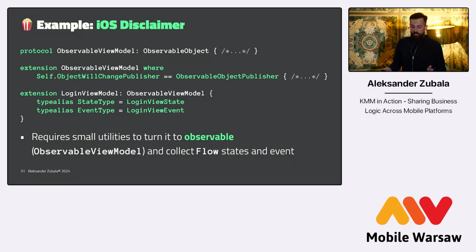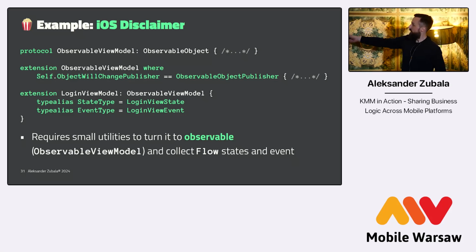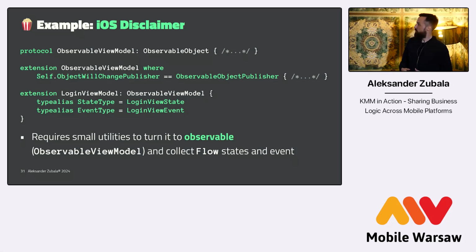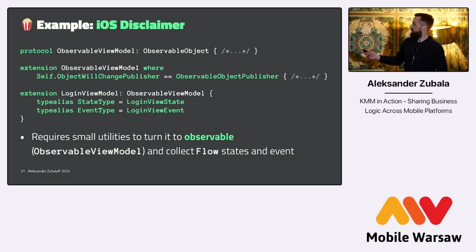In my example repo, you will see this protocol, which you can extend on our login view model coming from the shared code by providing state and event types, and it will allow you to make an observable object from our view model and then embed it in our SwiftUI code, so we can respond to changes and render the UI whenever something changes.